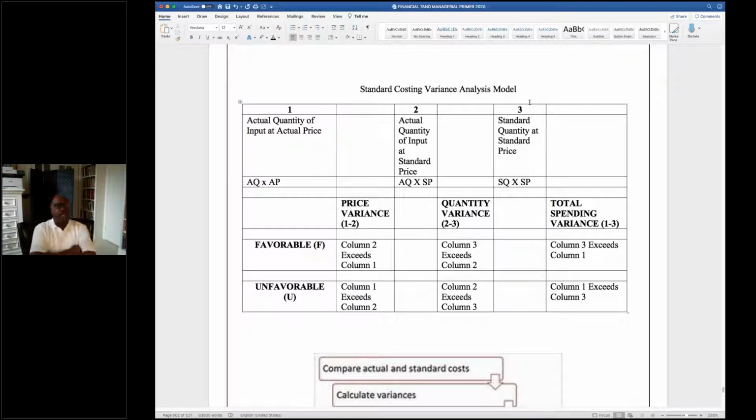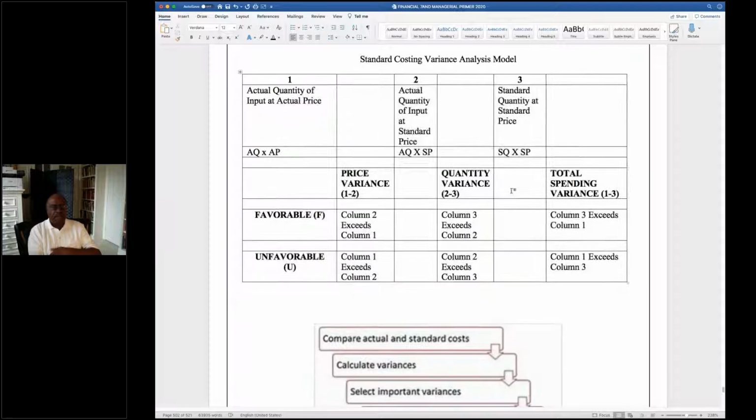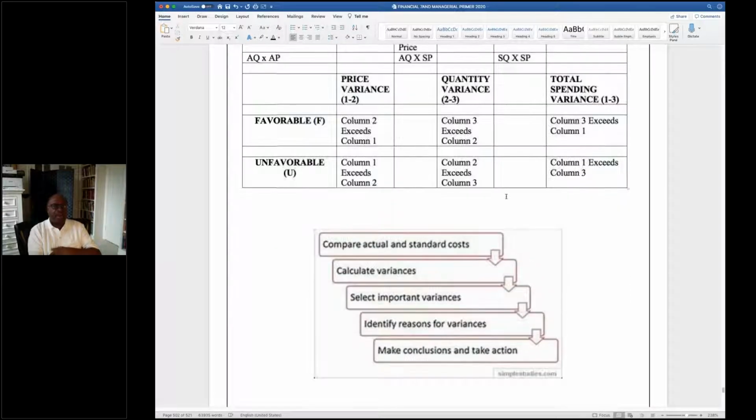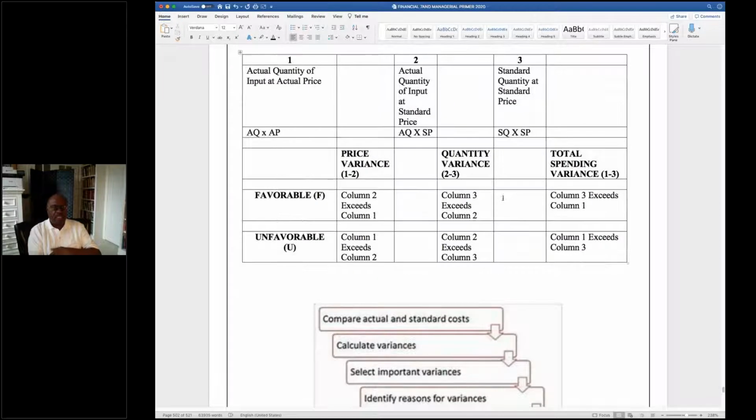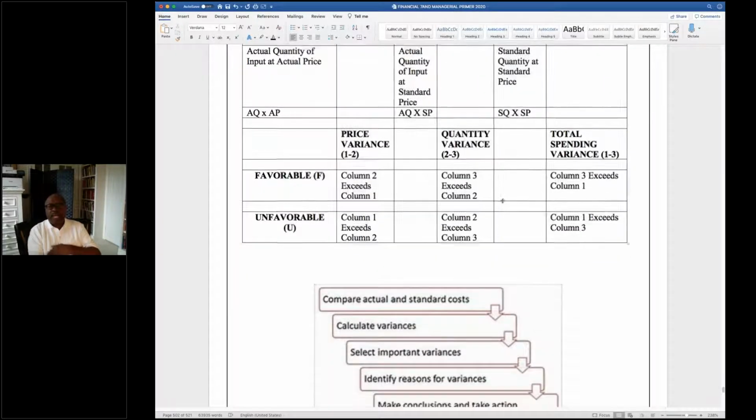We have a template here that we utilize where we look at the actual of what happened and the standard. Because when you run your business, you have a standard that you set up initially. Then the actual results start to come in, and you've got to compare actual results to the standard. So we want to compare actual results, look at these variances, and then make a determination.